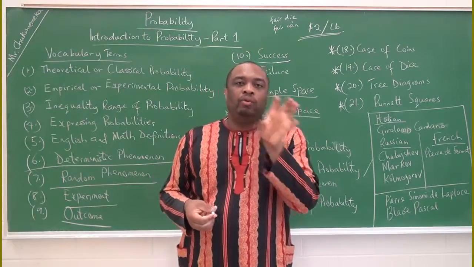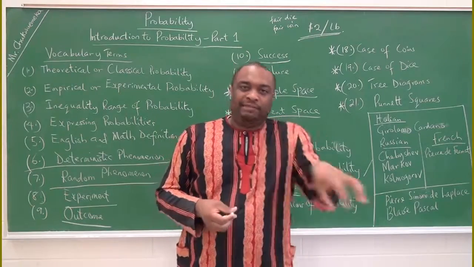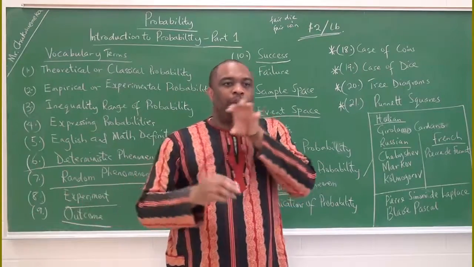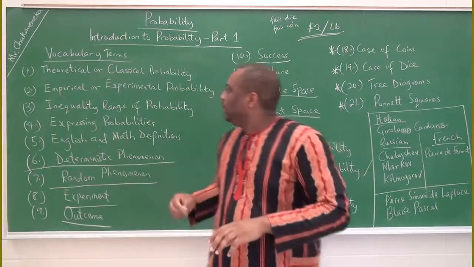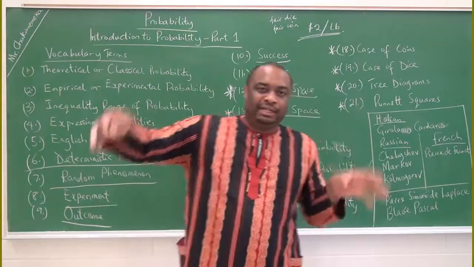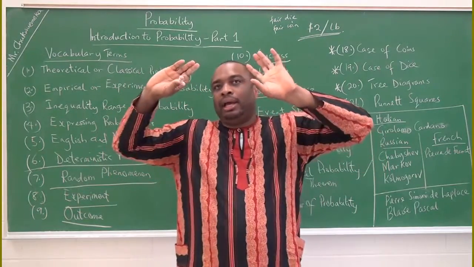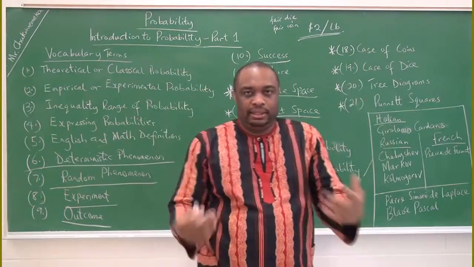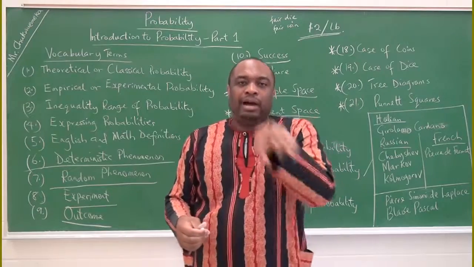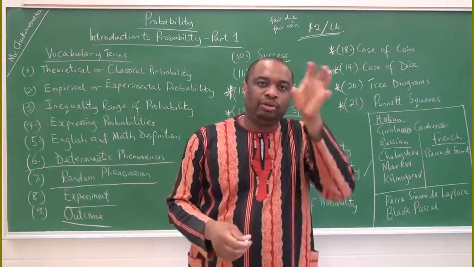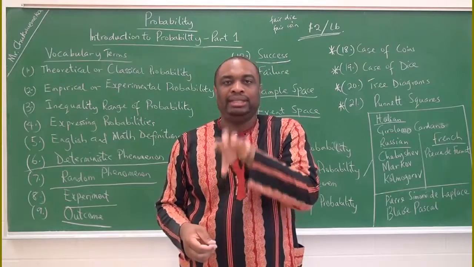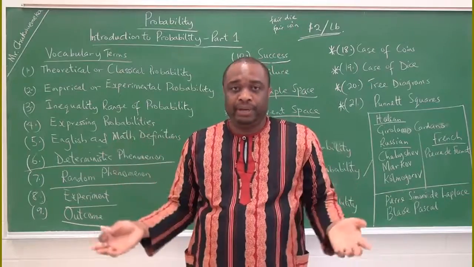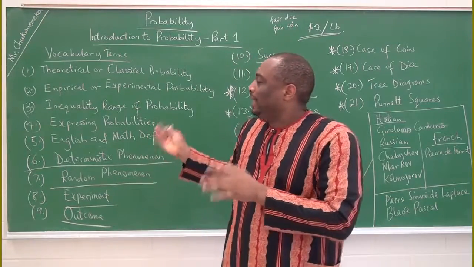So when we observe a success, an event has occurred. Now, in some cases, some outcomes have equal likelihood of occurring, that is, equal probability. When I say likelihood, I mean probability.